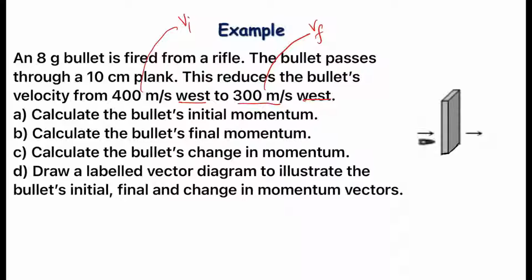Now it says the question. The first thing that we have to do is change this. We say 8 divided by 1000, it's going to be 0.008 kilograms, right? So that's the mass.